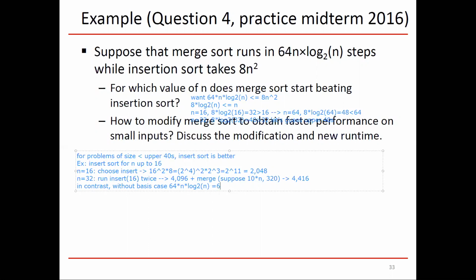So this is 64 times 32 times 5. 64 times 32, 64 is 2 to the power of 6, 32 is 2 to the power of 5, so 2 to the power of 6 plus 5 times 5. 2 to the 11 is approximately 2k times 5, which is equal to 10,000.